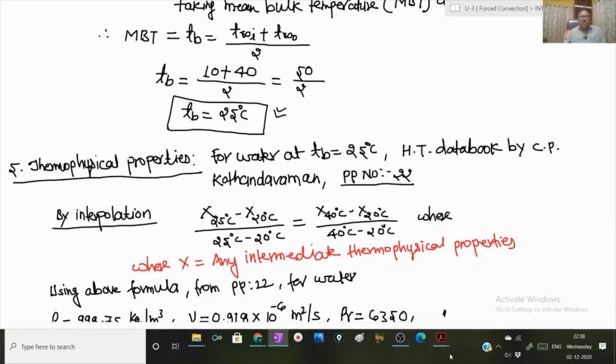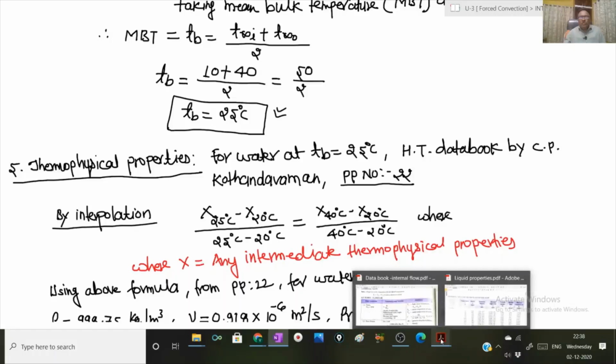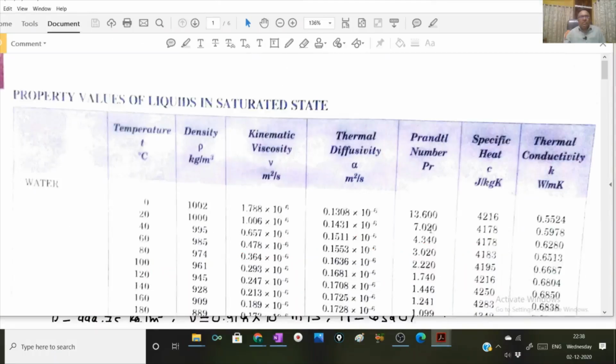So let us refer to page number 22 of the Heat Transfer Data Book.